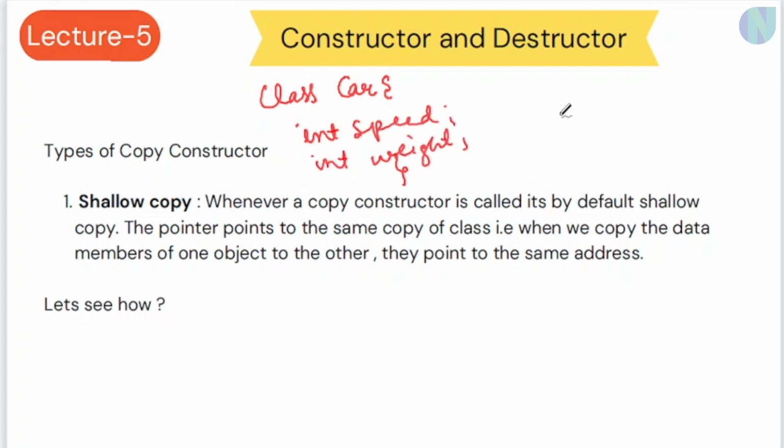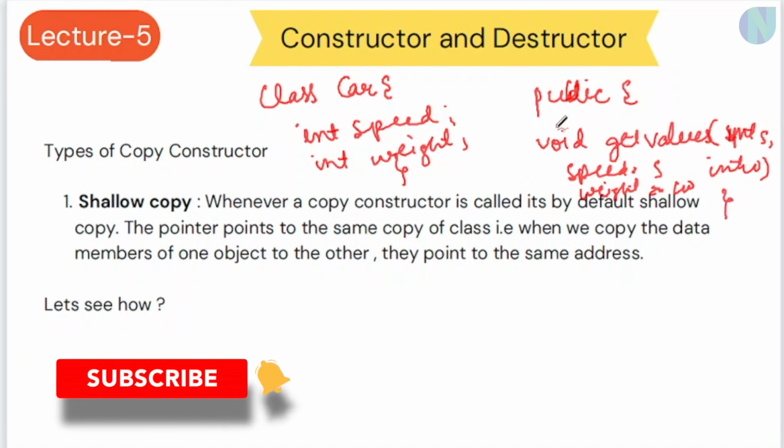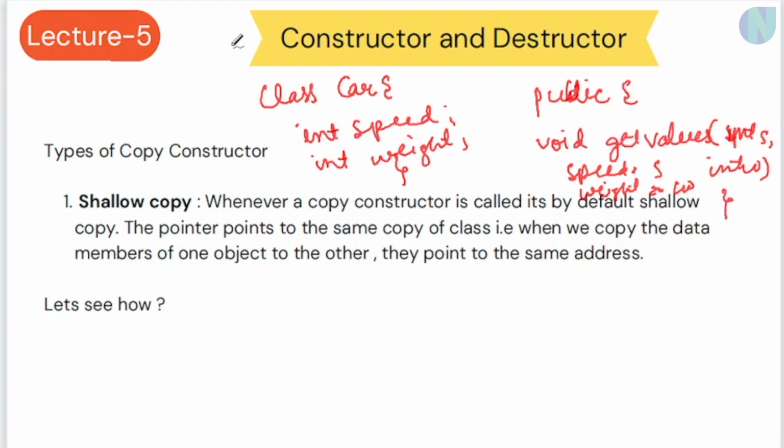Now consider I am having a method void get values, and I am taking int s, int w, and I am just assigning speed with s and weight with w. So this is how we fetch and set the values in our class car. Now consider that there is a new object which is created.